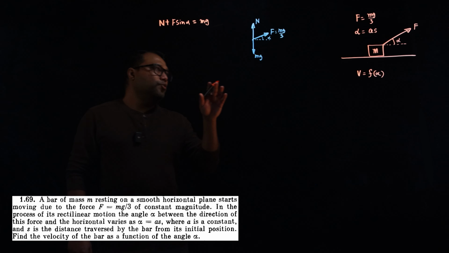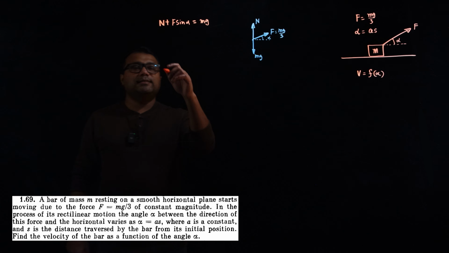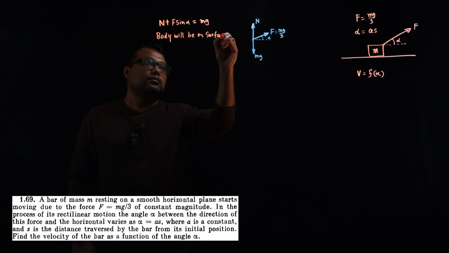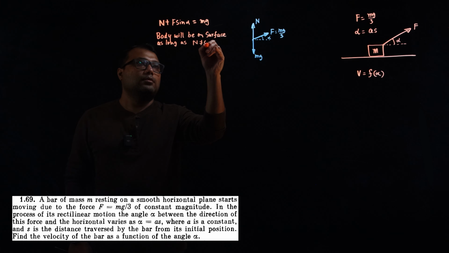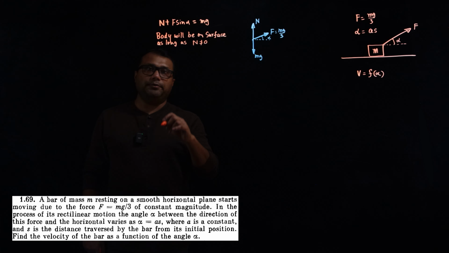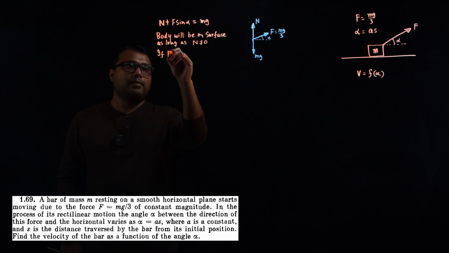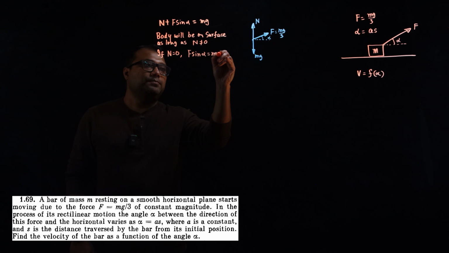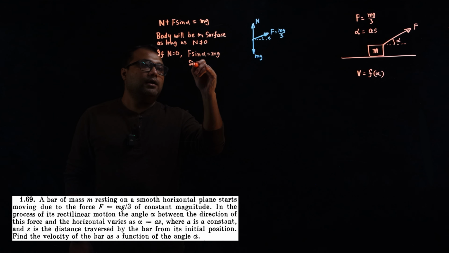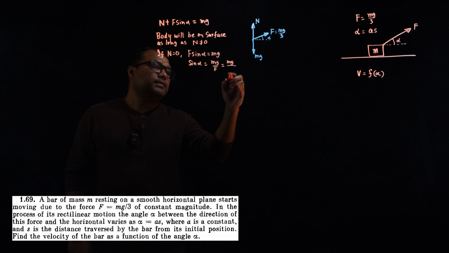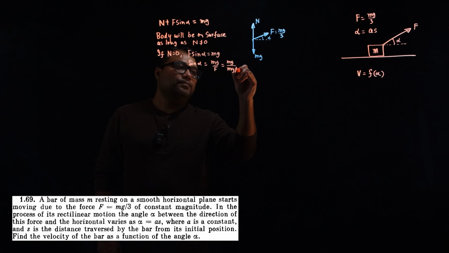Now, body will move along the surface as long as N is not equal to 0. So let's first investigate if N can be equal to 0. If N is 0, F sine alpha equals mg. So sine alpha equals mg by F, and F is given as mg by 3.